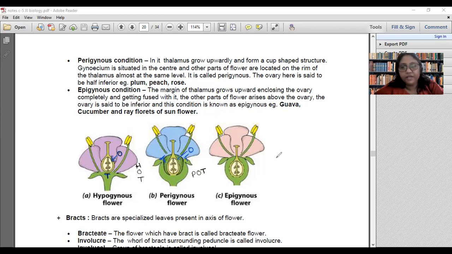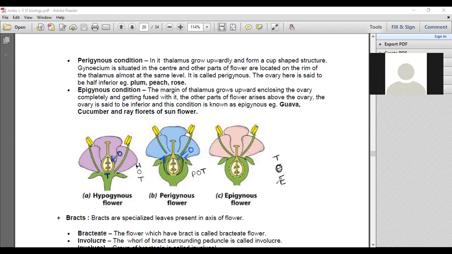Or in case of epigynous, thalamus will be at the top, then the ovary, and finally the epigynous flower. So you can remember it as TOE. Understood? This will help you to remember. You will never forget. Hot, pot and toe. I guess the code is understood by all of you, beta.